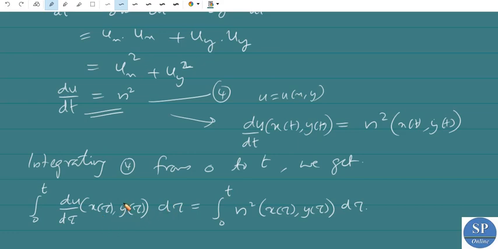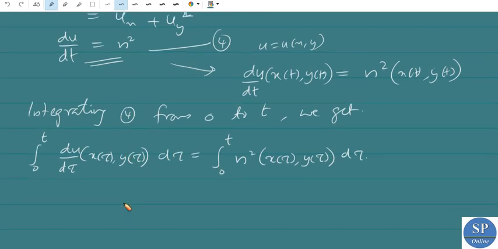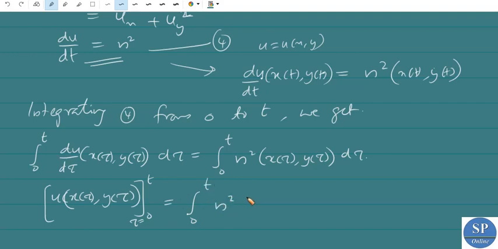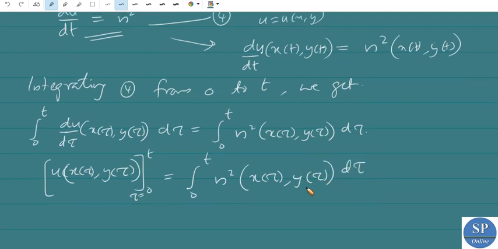Okay, so the integral of du/dτ is nothing but u of x(τ), y(τ) from τ equal to 0 to t, equal to the integral from 0 to t of n squared of x(τ), y(τ) dτ.